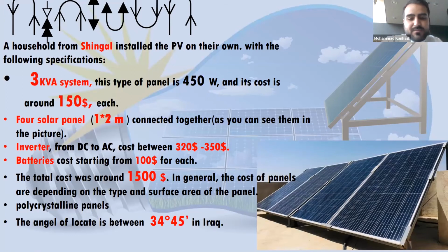And when we talk about a whole system of panels, we estimate it to be at maximum $2,000, which means 2,500,000 dinars or something like that now in Iraq, which is not that expensive for the middle class, and it provides about 8 amperes. That's 8 amperes for the people who are living in Iraq, which is really good, I think.